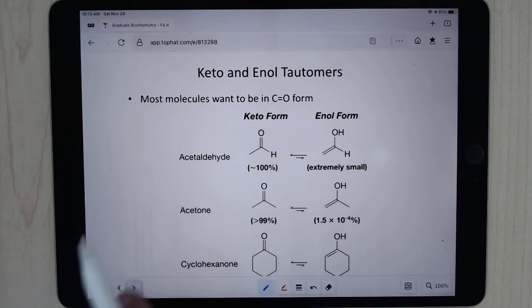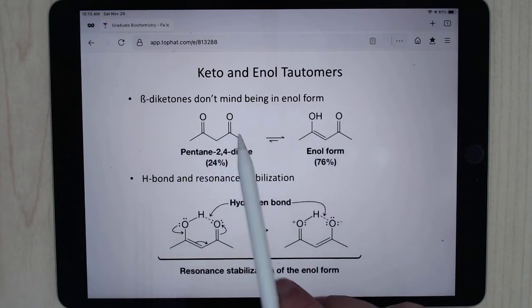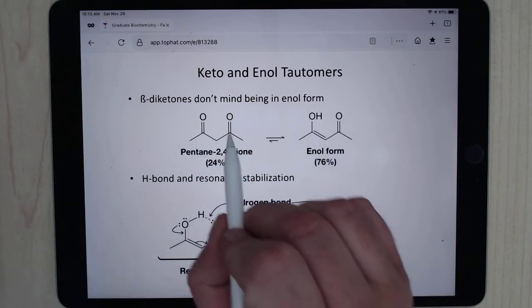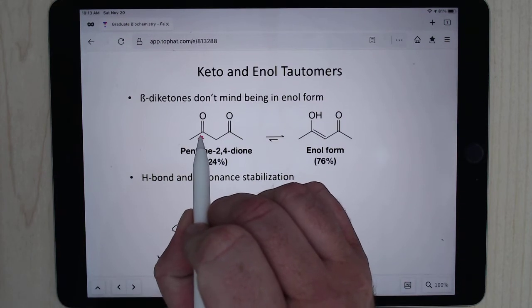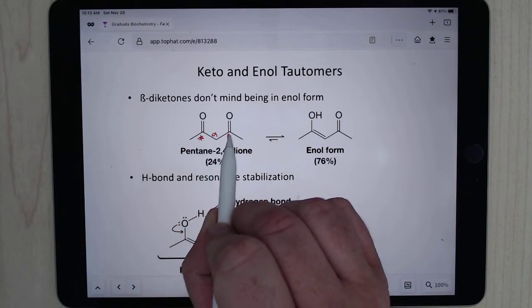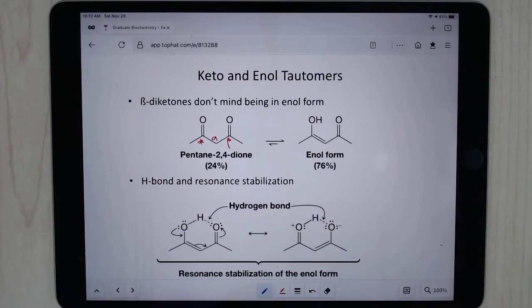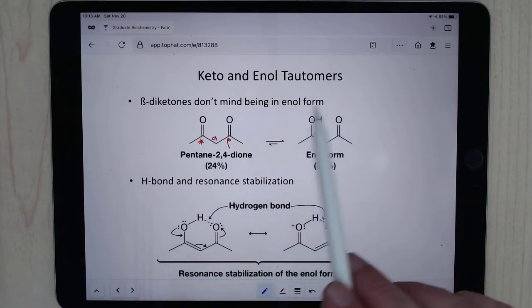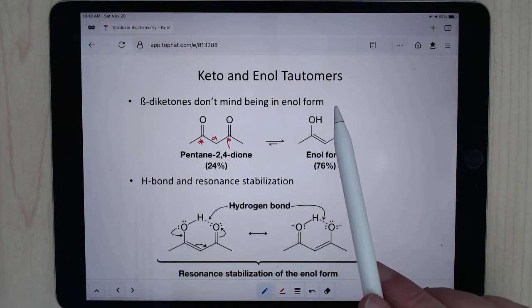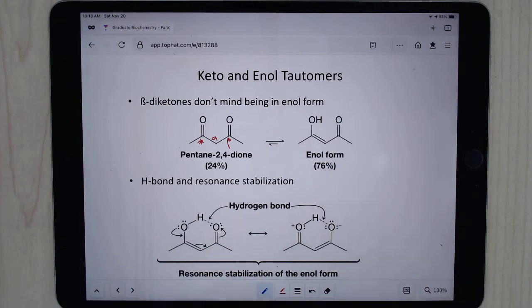Okay. The difference comes when you have the beta diketone, right? Because remember, if this is a reference, right? This is alpha, this is beta, right? So that's why it's a beta diketone. What can happen is it actually likes to be in this form more. Okay? And what it allows you to do is get this really strong hydrogen bond here, right?